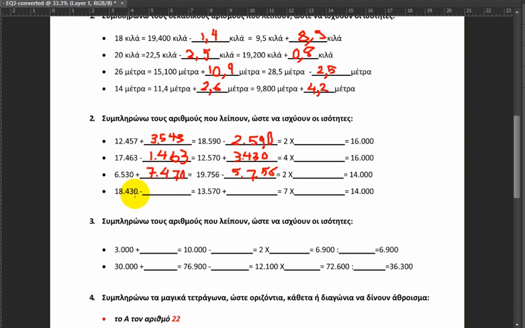Here, the difference between 18,430 and 14,000 is 4,430. And the difference between 13,570 with 14,000 is 430.